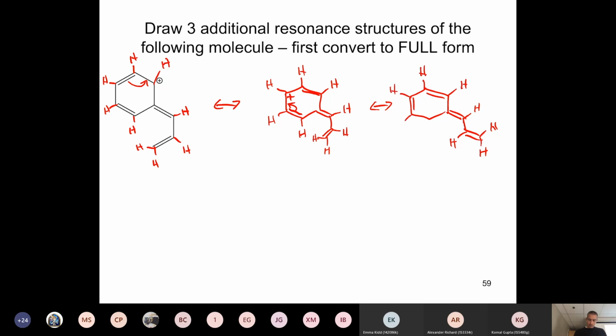So now we have a double bond here. And the charge has moved now over here. Can we keep moving this? Sure, why not? Can move that one over.